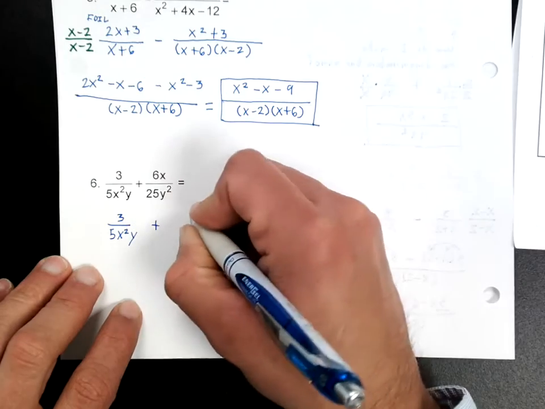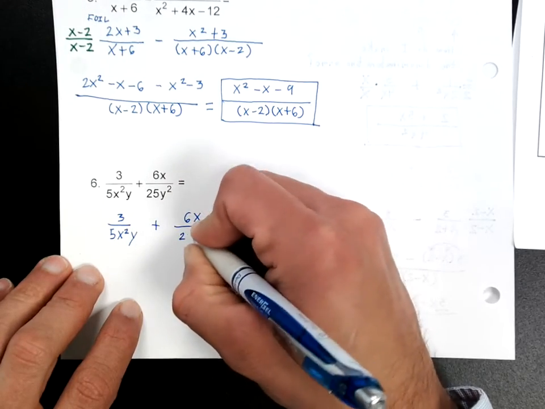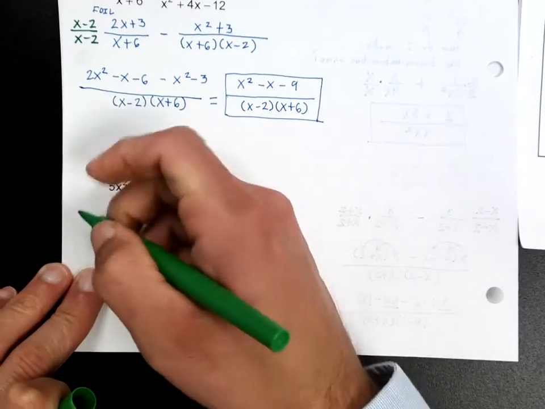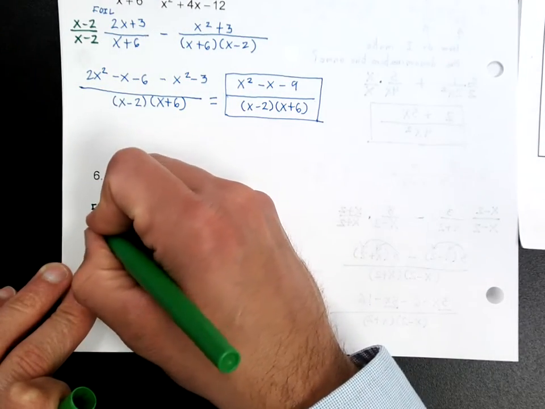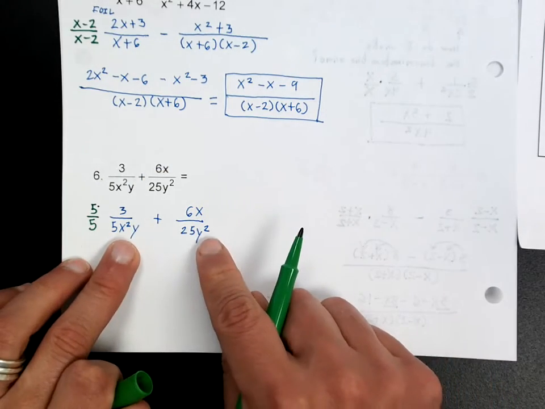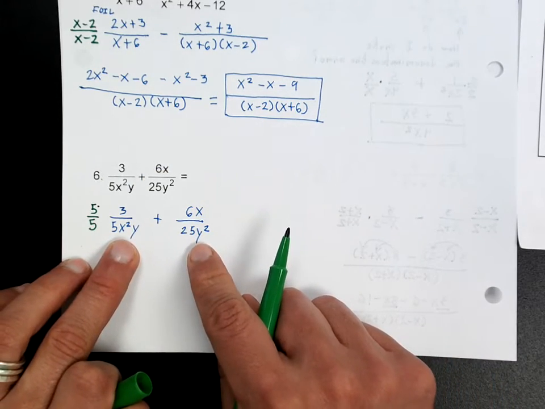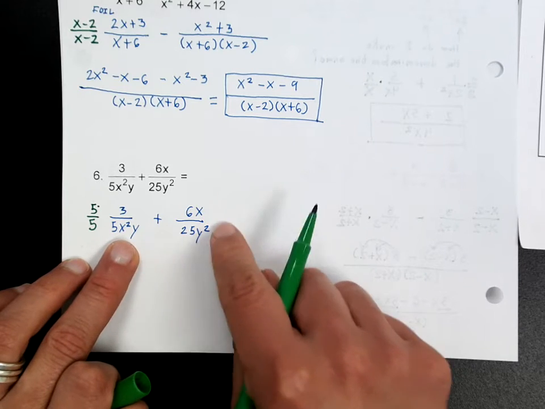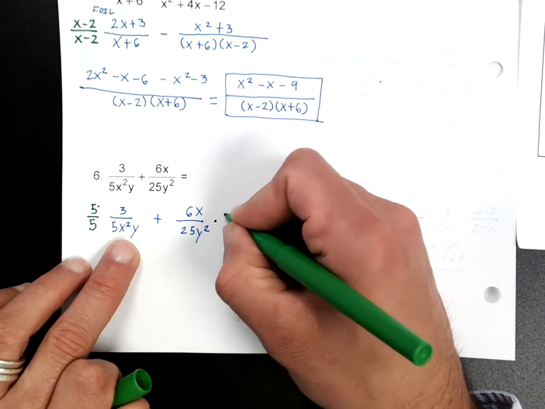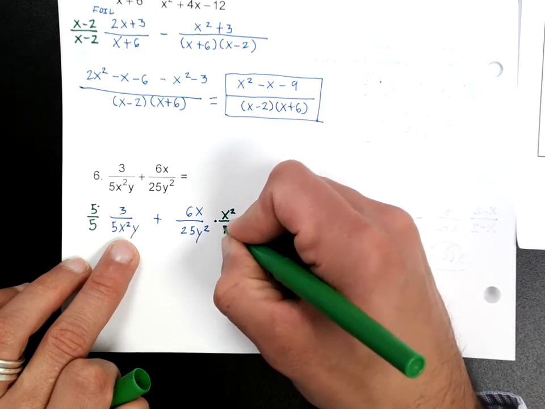So let me rewrite this here because I need a little more space than what I'm given. So I'm going to multiply this times 5. I'm going to use a different color. 5 over 5. And then notice, do I have an x squared on the right side? I'm talking about just the denominator. Do I have an x squared here? I don't. Right? Then because I don't, I'm going to multiply top and bottom by x squared because that's what I need.